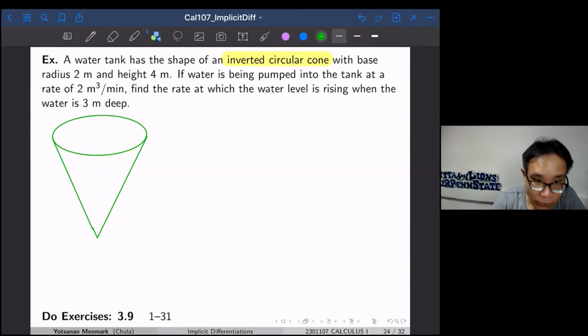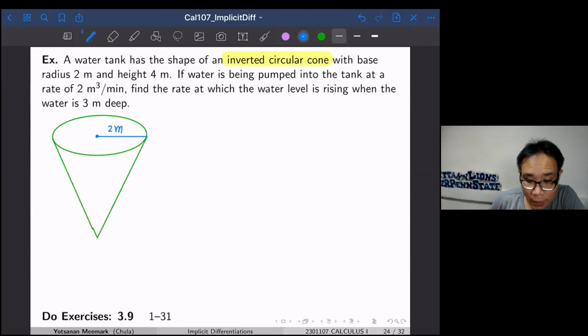And you have the radius equal to 2 meters. So here is the center of the top of the cone, and this distance is 2 meters.